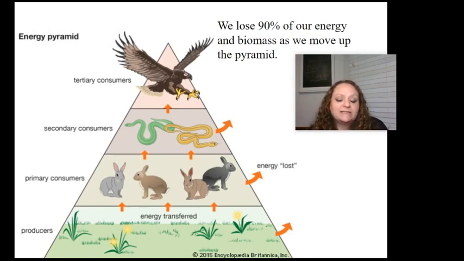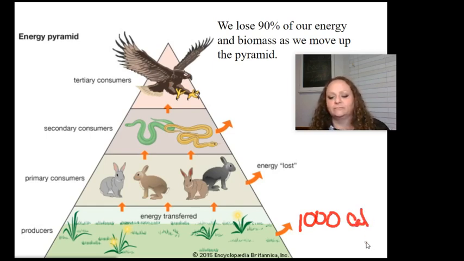So then, as they pass on to the secondary consumers, we see that they're only keeping about 10% of the energy they take in. Tertiary consumers are only keeping about 10% of what they're taking in. So, what does all of this mean? Well, this means that if I started out with 1,000 kilograms of mass or calories of energy on this level, then this level is only going to retain 100 of those calories.